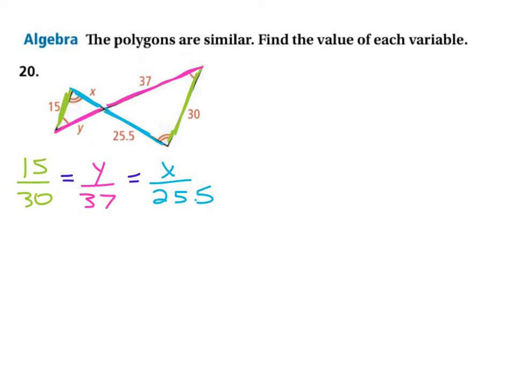And we really don't want to keep this as the extended ratio. We want to break it into pieces. We're really solving for two variables. So I'm going to say up here, 15 is to 30 as y is to 37, and then multiply them and see what we get.